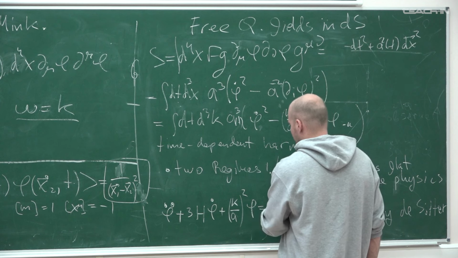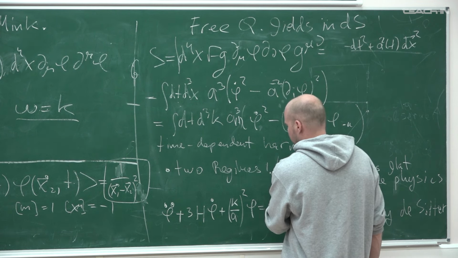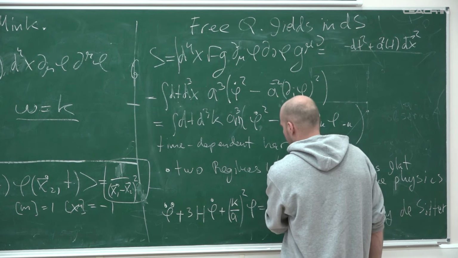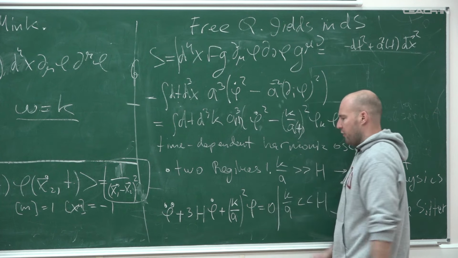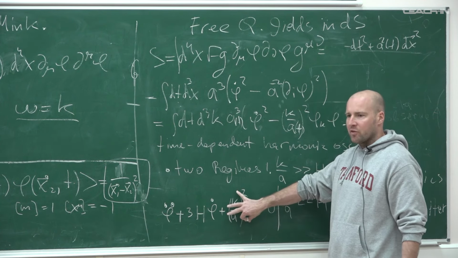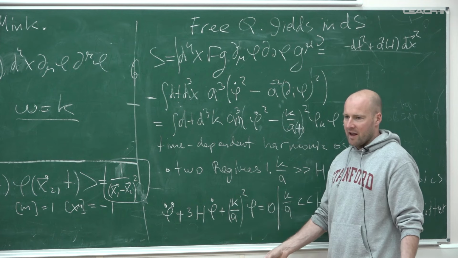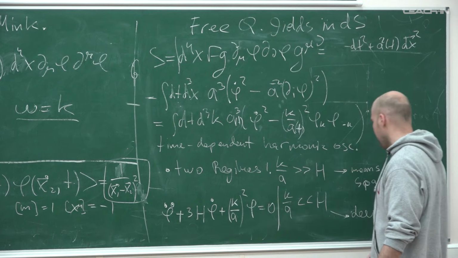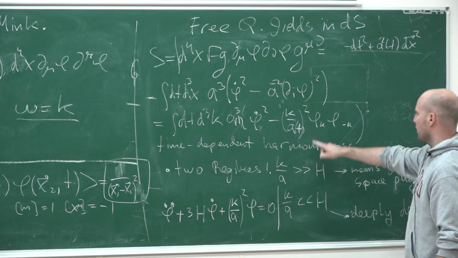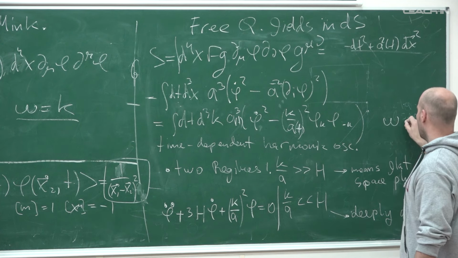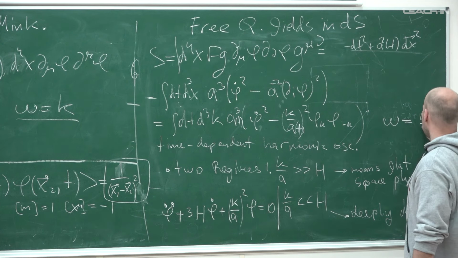But maybe it's better to start from this direction. If we start with this term dominating, then phi dot is like k over a, because we have omega. Our omega for our harmonic oscillators is k over a.